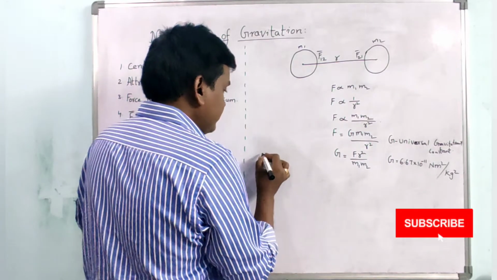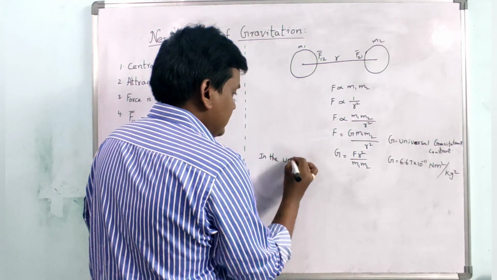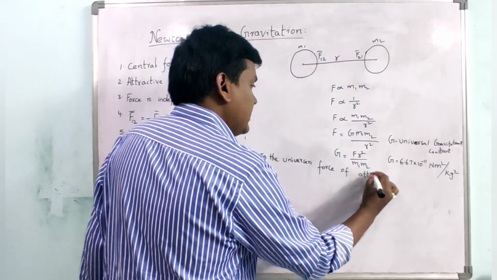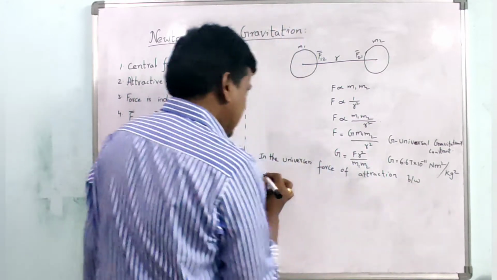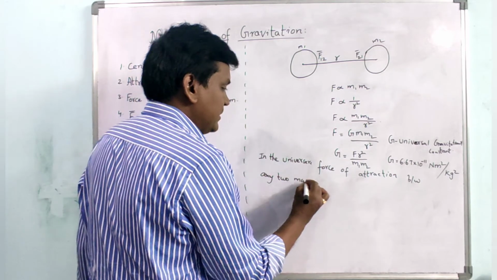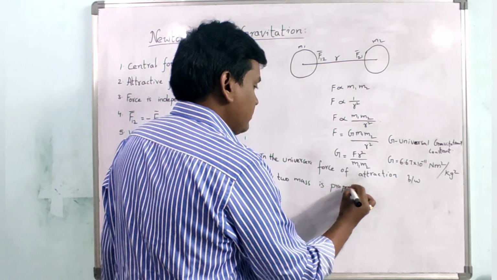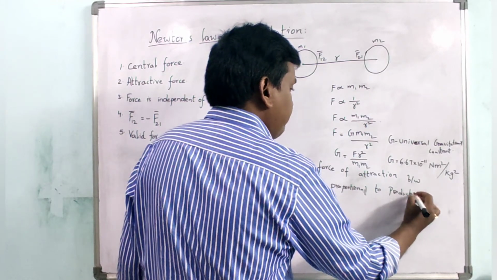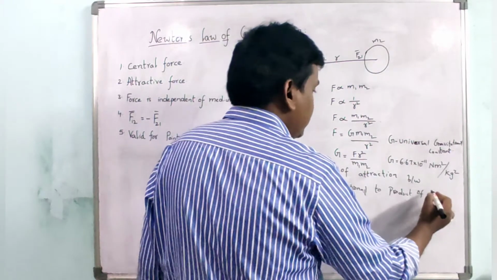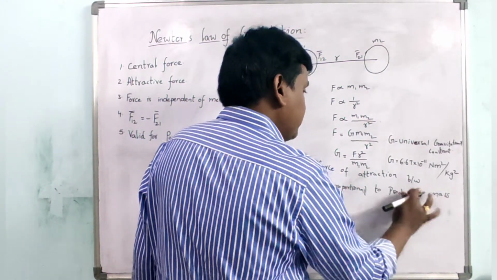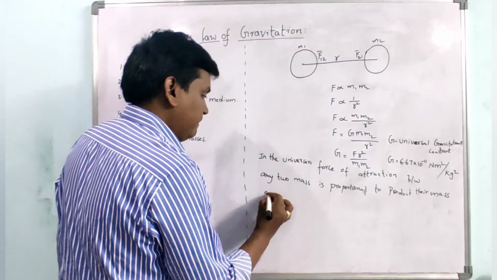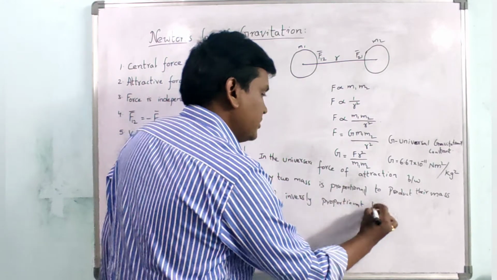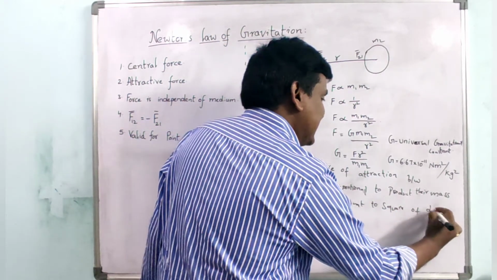In the universe, the force of attraction between any two masses is proportional to the product of the masses, as we have seen that F is directly proportional to m1 m2, and inversely proportional to the square of the distance between the masses.